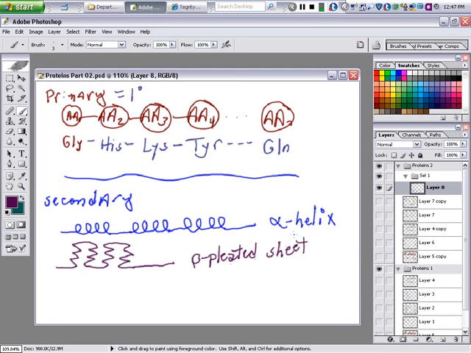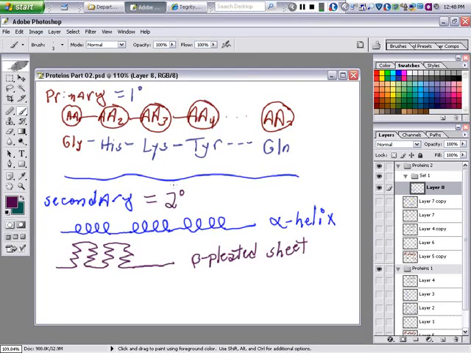And so these 2 make secondary structure. So if a polypeptide only has beta pleated sheets and alpha helices, only secondary structure is formed. Only secondary. It's not completely folded yet. And so we can write secondary like this: 2 naught or 2 prime. And that's secondary structure.